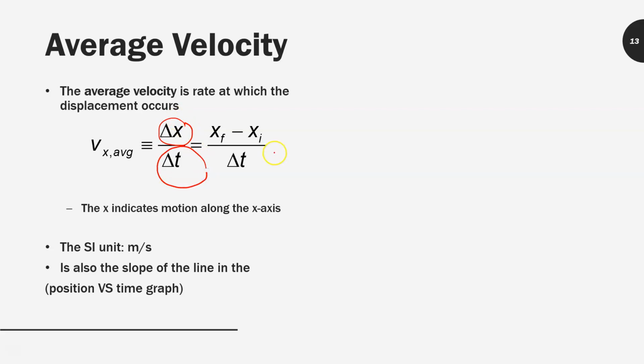We can also write this equation symbolically, just like this one, where v represents the average speed, delta x or delta d represents the path length, and t is the elapsed time during the motion.